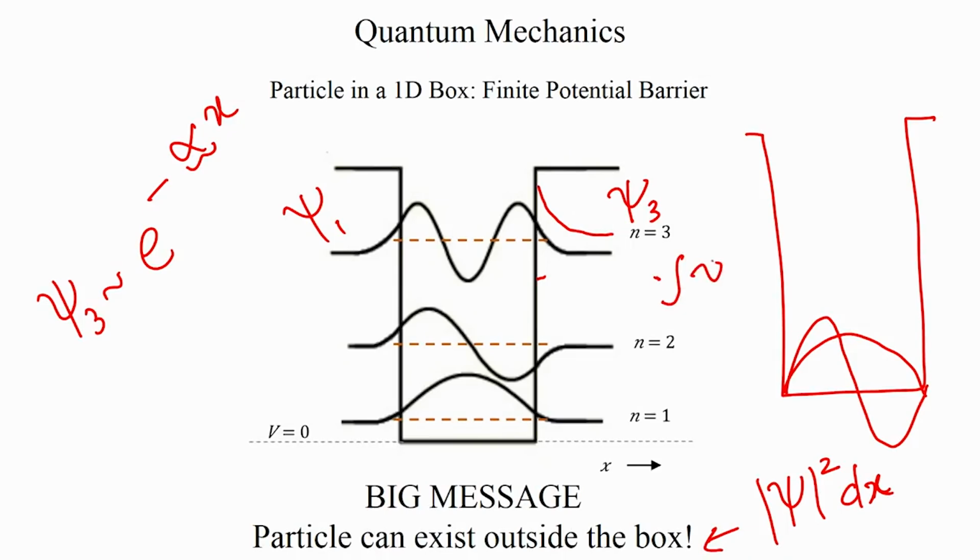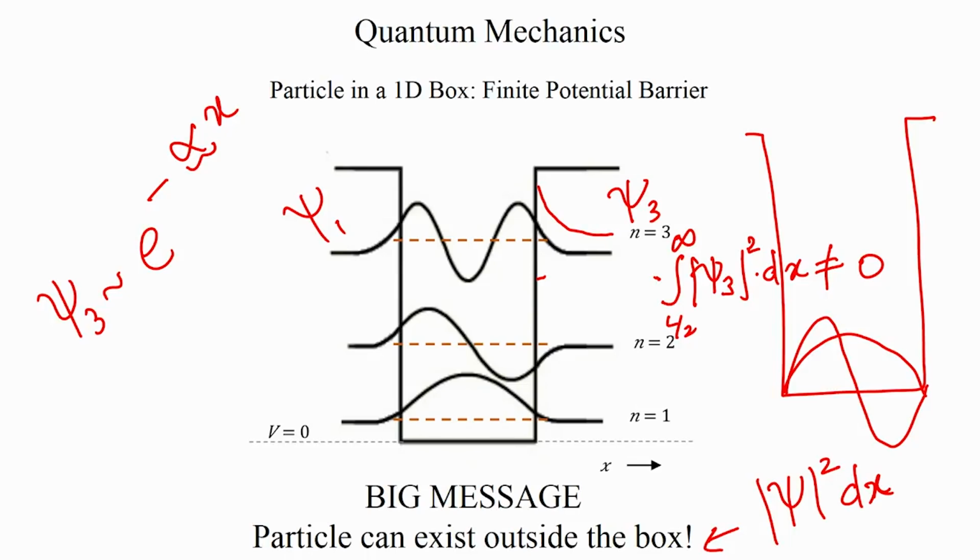The probability of finding the particle between x equal to L by 2 and infinity is now given by the integral of psi 3 square dx from L by 2 to infinity, and what quantum mechanics is telling you is that this probability is not 0 even though the total energy of the particle is less than V naught. Now that is a very amazing result if you think about it, but it is so naturally seen if you simply solve Schrodinger's equation.